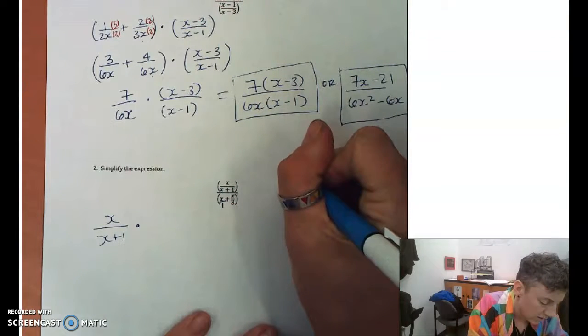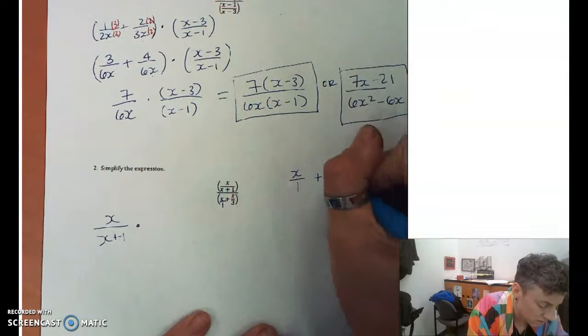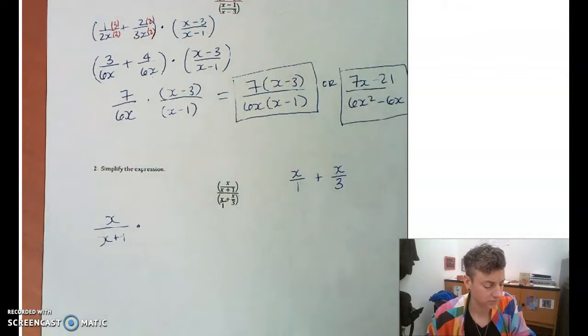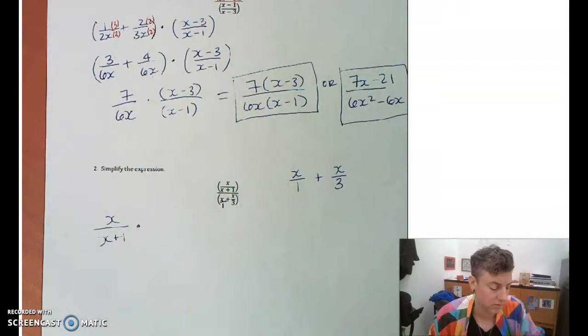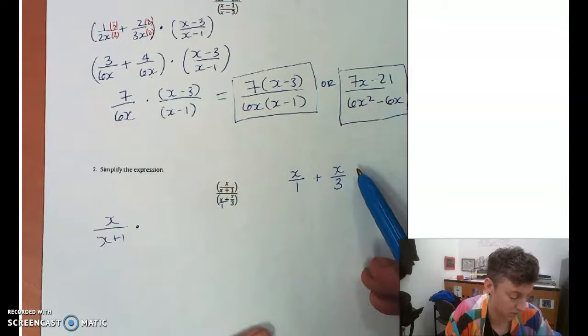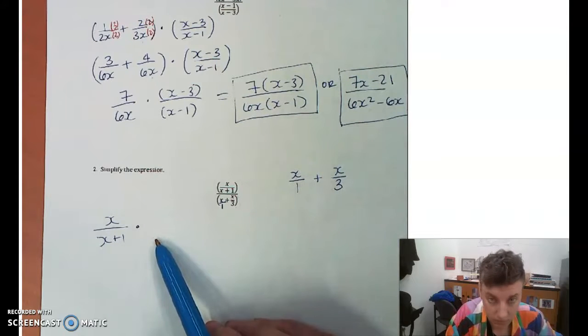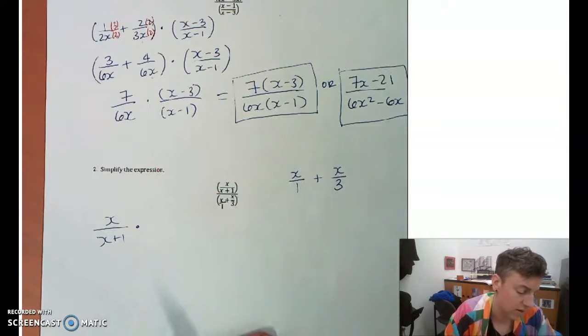I say let's make this into a fraction first, and then we'll multiply by its reciprocal. So we have x over 1 plus x over 3. We're taking our bottom and trying to make it into a fraction so that we can multiply by its reciprocal to finally simplify our expression.